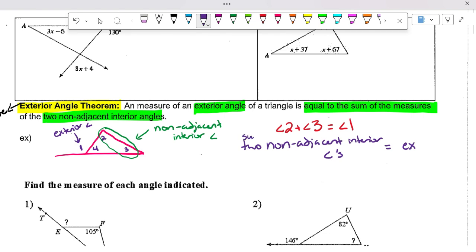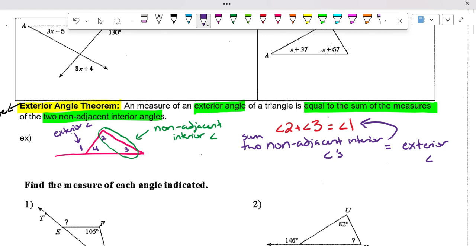So the sum of the two non-adjacent interior angles is equal to the exterior angle. So this is just a fancy way of stating what we just said with the triangle.